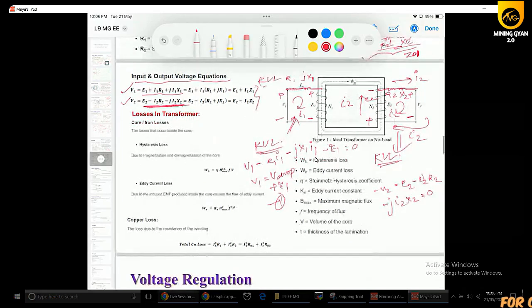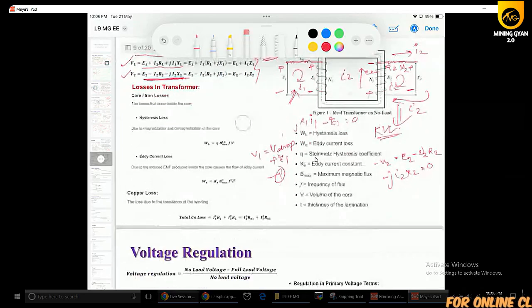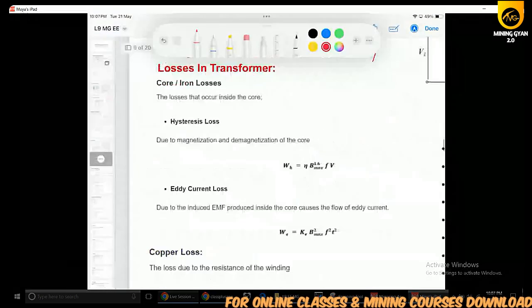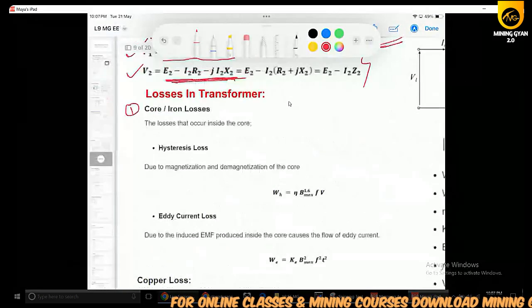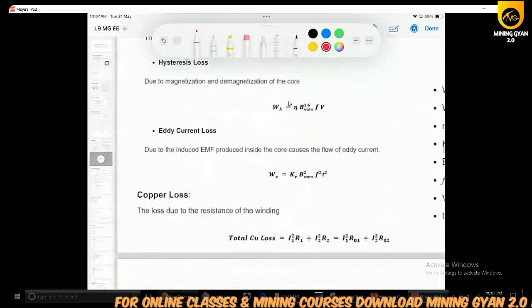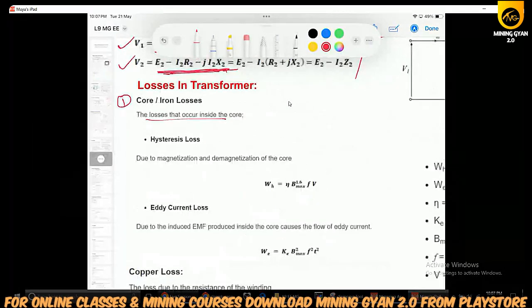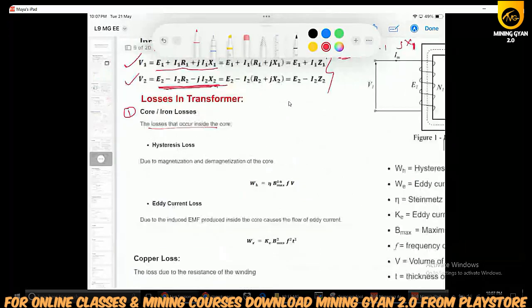Now, coming to the losses, one kind of loss will be there: core losses. In core losses, there will be two types: hysteresis loss and eddy current loss. First of all, let us see core or iron loss. What is core loss? The losses that occur inside the core, because flux is flowing through the core.